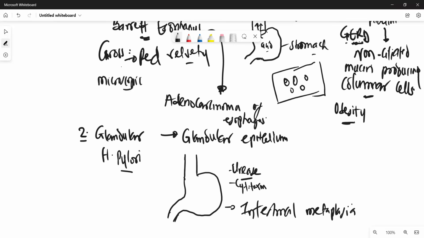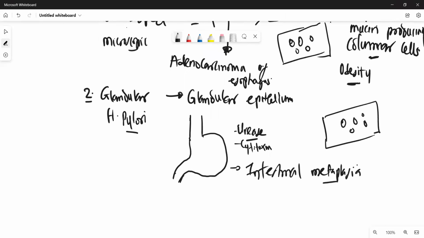And how do I know that this is intestinal? When you look at the histology, you're going to see a lot of mucin secreting cells there. There have to be cells secreting mucus, and that's how you know that this is definitely intestinal metaplasia. You're going to see all those cells that are producing mucin there.